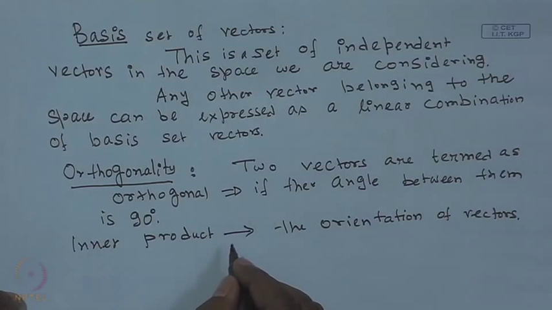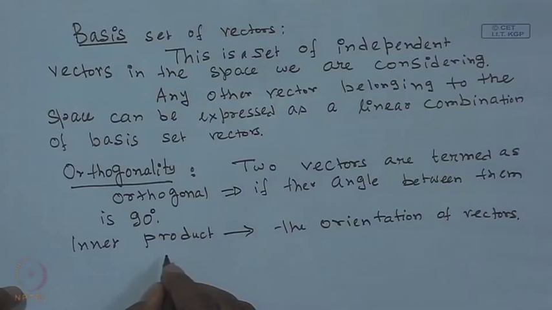The dot product of two vectors is the product of the magnitudes of the individual vectors multiplied by cosine theta, where theta is the angle between them. So if the angle is 90 degrees, then cosine 90 is 0, and therefore the inner product turns out to be 0.